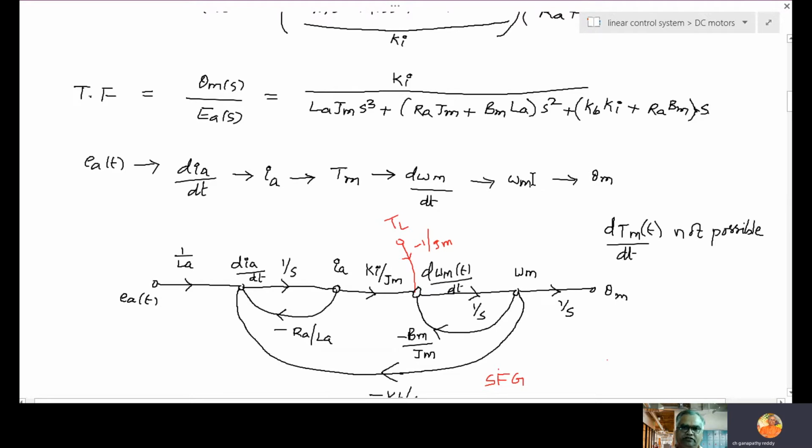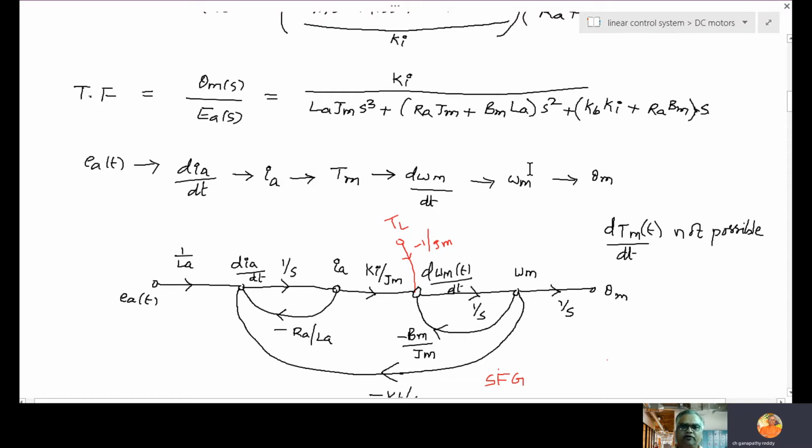D theta m by dt is omega m. D omega m by dt is acceleration. This is the speed, angular speed. This is the angular displacement. So these three we have to consider. These three come because of torque, torque because of armature current, armature current because of the EMF we are applying to the armature. Okay. So torque derivative is not possible. When Ia is there, I take dIa by dt.